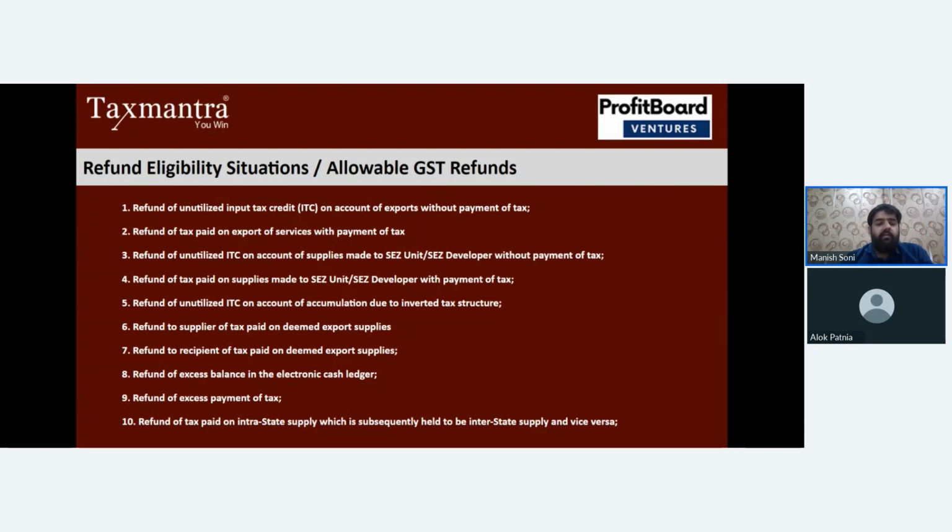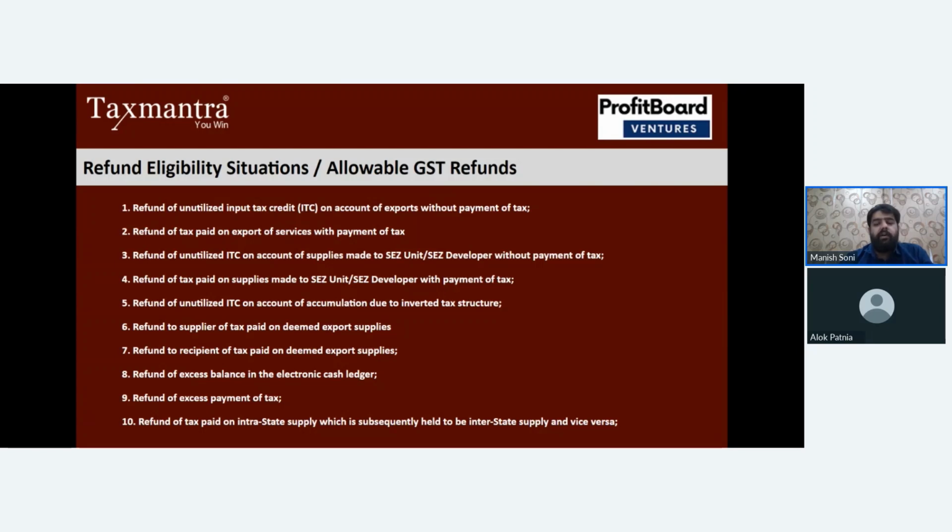Then we have refund of tax paid on export of services with tax payment. So the second criteria that we were talking about, export of services or goods with tax payment, where you do not have a LUT and you're making the payments of taxes either from your pocket or you're charging from your client, and then you take a refund for that. The third one is refund of unutilized ITC on account of supplies made to SEZ and SEZ developers without tax payment.